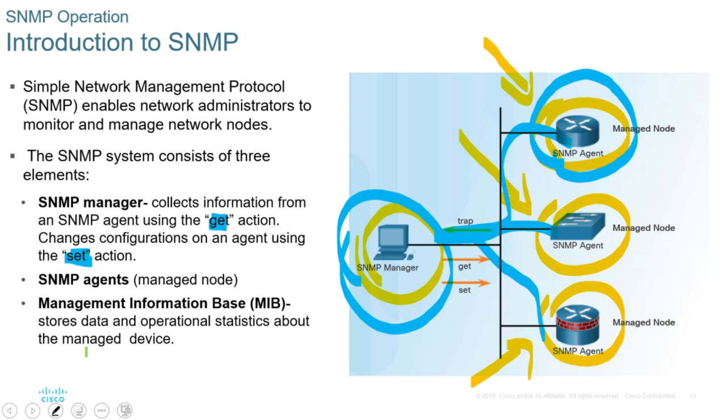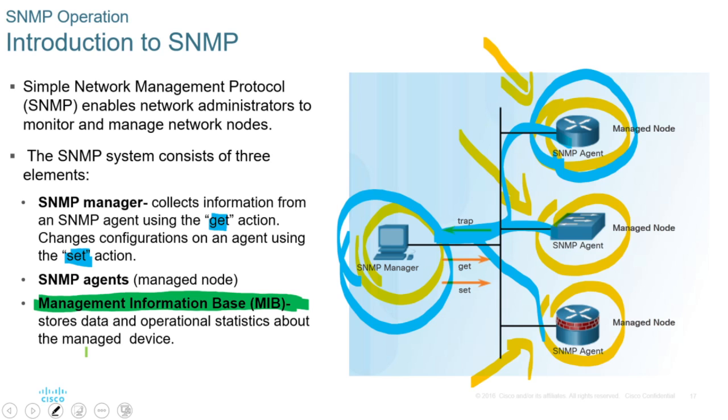By using get, we can get updates from these devices, and using set, we can update configurations on those devices. Then in addition to this, we will also have what is called a management information base, or MIB. The idea behind a MIB is that it is where all this collected information can be stored, and then used for further analysis.